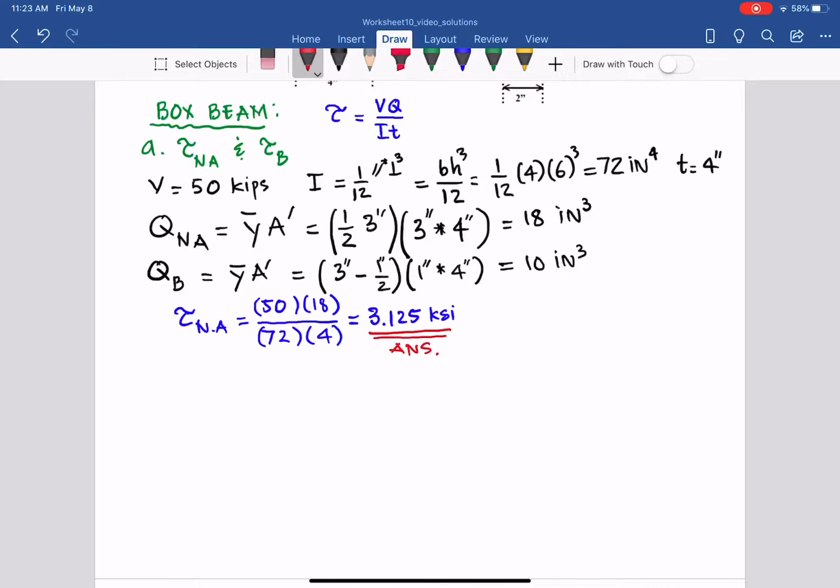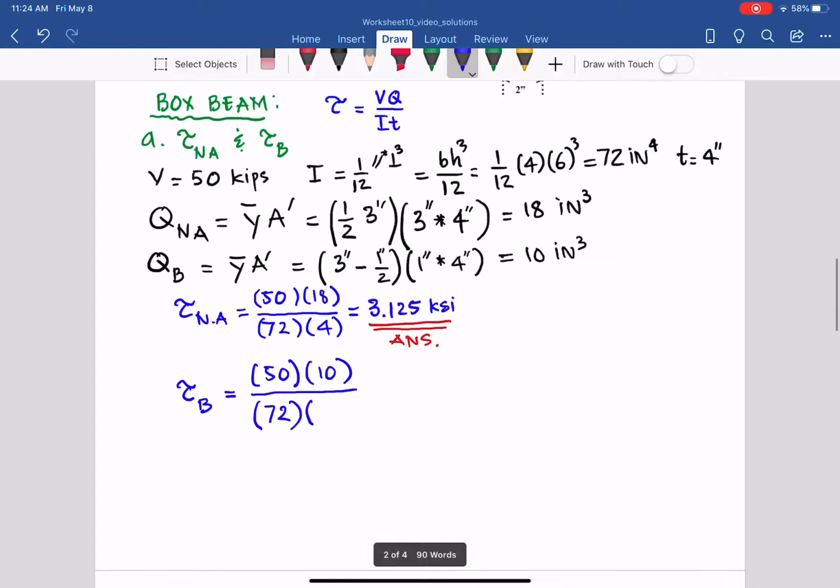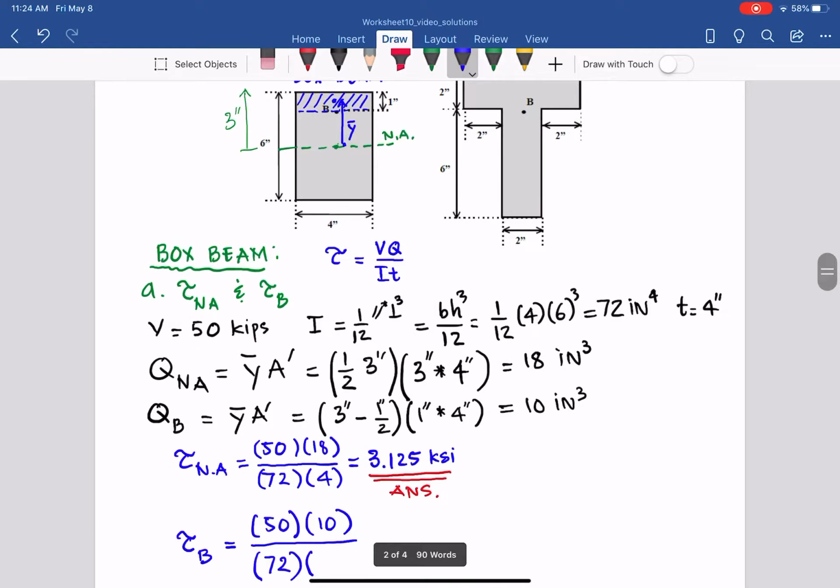And then the next question is, what is the transverse shear stress at point B? So it equals, of course, VQ at B, which is 10, divided by I, the same for that cross section, remaining unchanged. That is the area moment of inertia of that cross section. T at point B is also 4 inches.